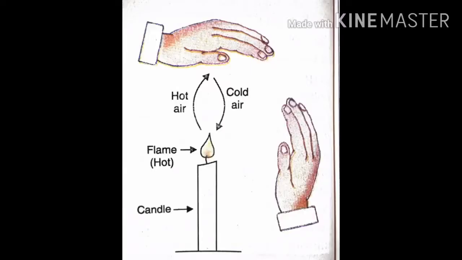Next, convection in air. Air transfers heat by moving itself from the hotter part to the colder part. The circulatory movement of hot air rising and the cold air moving in to take its place is called a convection current in air.